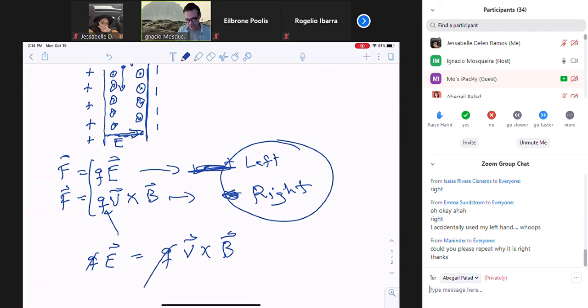Now, what is the cross here? Well, the cross is the sine of the angle between the velocity and the B field. What is the angle between the velocity vector and the B field vector?